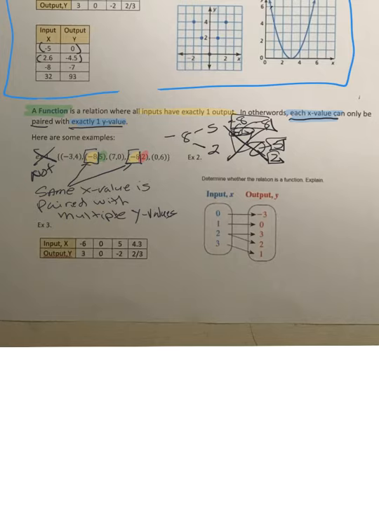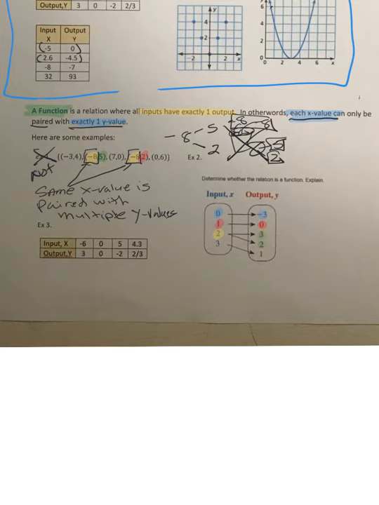Let's look at example number 2. Example number 2 is using mapping notation. For the relation to be a function, you have to make sure that each X value is only paired to one Y value. And notice here that 0 is being paired to -3, 1 is being paired to 0, and then 2 is being paired to 3, and then it's also being paired to 2.